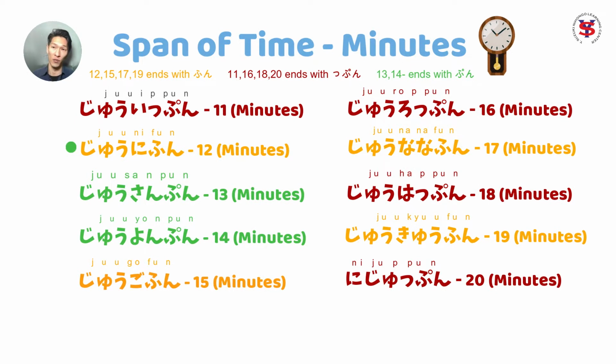And so on and so forth. So we have 13 minutes is 13 pun, 14 minutes is 14 pun, 15 is 15 fun, 16 minutes is 16 pun, 17 minutes is 17分, 18, 18分, 19, 19分, and lastly, 20分.